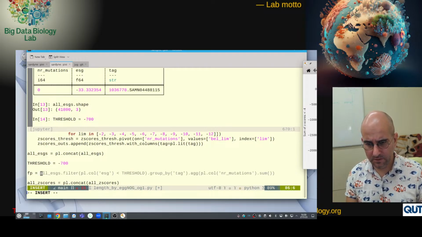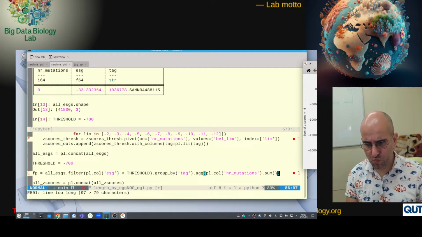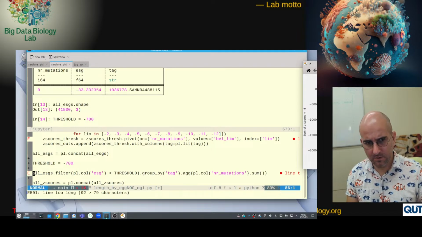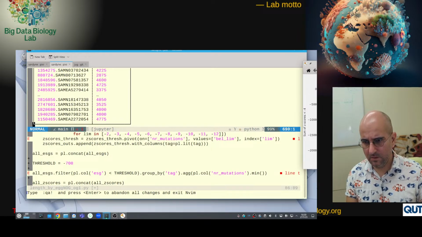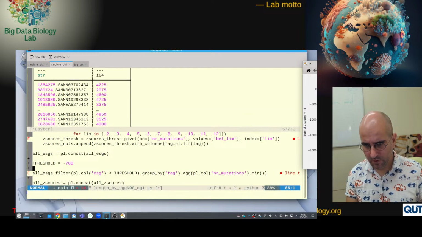False positive equals... I think something like this.